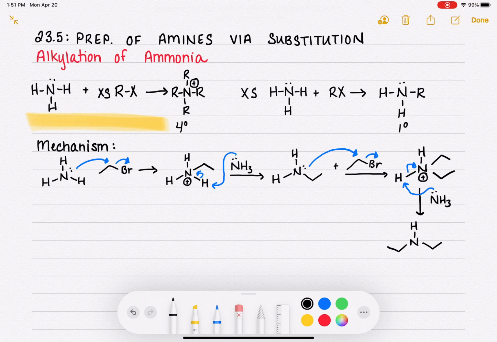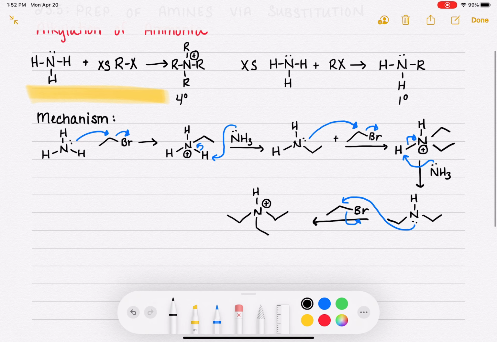I'm just kind of redrawing those alkyl groups to make it look better. And remember, in this case, we have a flood of alkyl halides. So we've got lots of alkyl halides running around, and they're going to collide again with another nitrogen. And we will end up, now we have a trialkylated amine. We've got 3 alkyl groups on it. Deprotonate again. Any nitrogen with a lone pair.